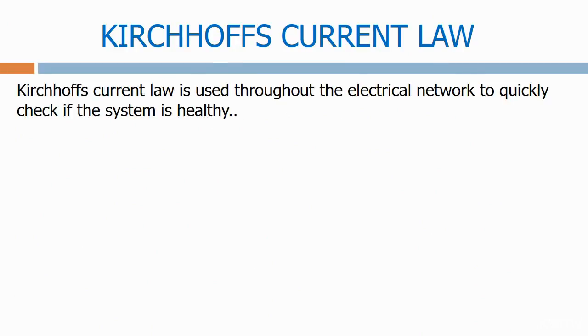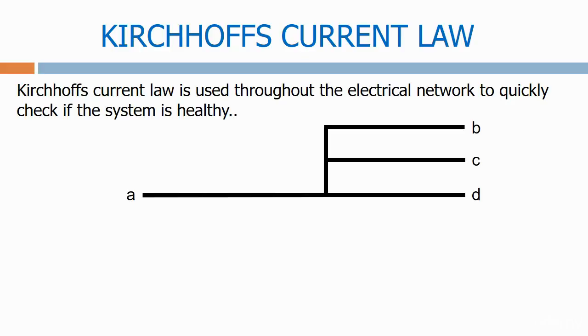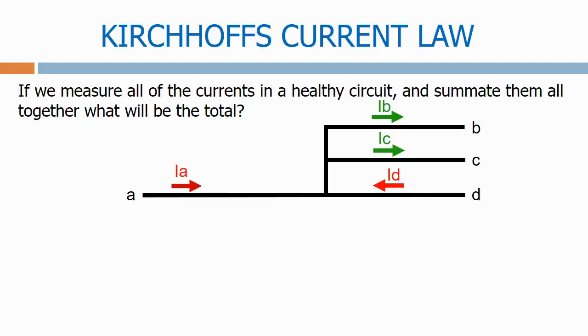Kirchhoff's current law is used throughout the electrical network to quickly check if the system is healthy. Here we have our complex network again, with ends A, B, C and D. Again, some of the currents are flowing into the network and some of the currents are flowing out. If we measure all of the currents in a healthy circuit and summate them all together, what will be the total?